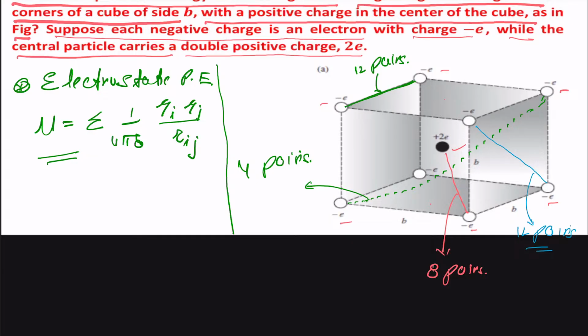We are only interested in the distances, since the charges are given to us. So we should know how many pairs have the same charges and how many have opposite charges.